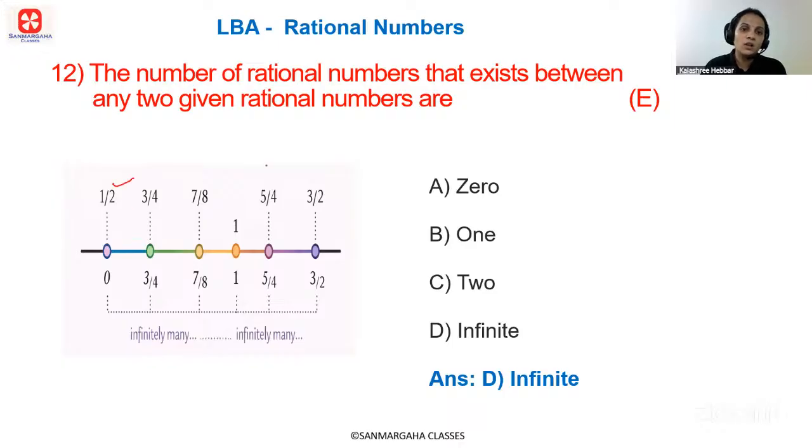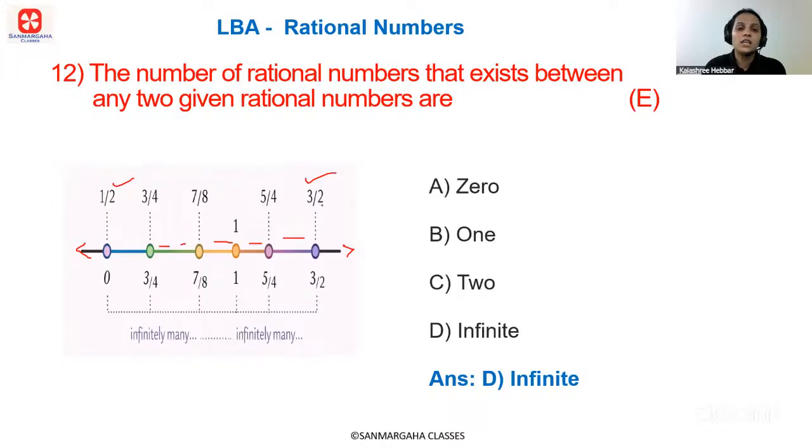1 by 2 and 3 by 2, which are on the number line. Now how many numbers can you observe between these two, 1 by 2 and 3 by 2? There are many numbers, right? You cannot count them.